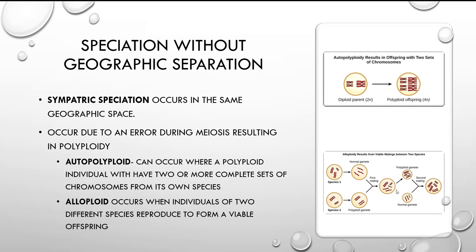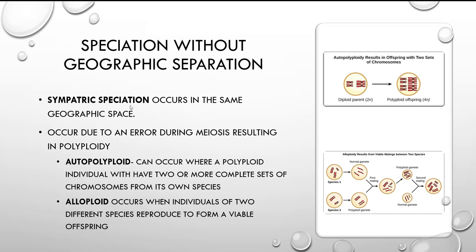And then the offspring is different from both the parents. Okay. And so we end up with new species that don't look anything like the parents. And so again, this occurs a lot with plants, not with animals. Okay. You don't see this happening with animals.